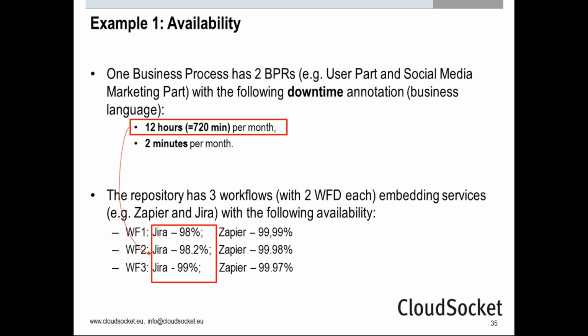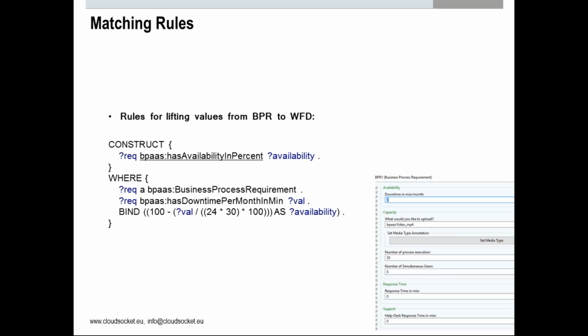So what we now do is look at the requirements in the business process and compare them with the description that we have for the workflow. Also for the second requirement, for the second group, we compare it to the corresponding services in the workflow. And this is a rule that makes the matching.